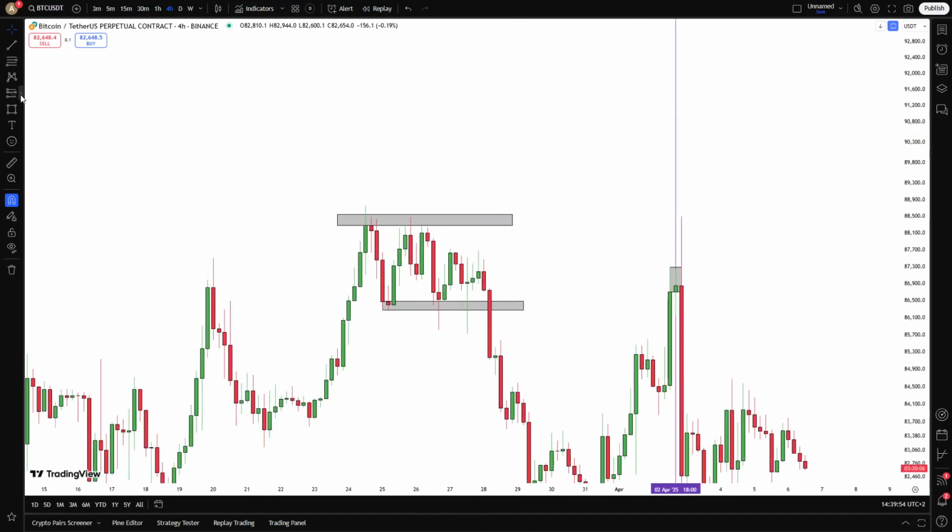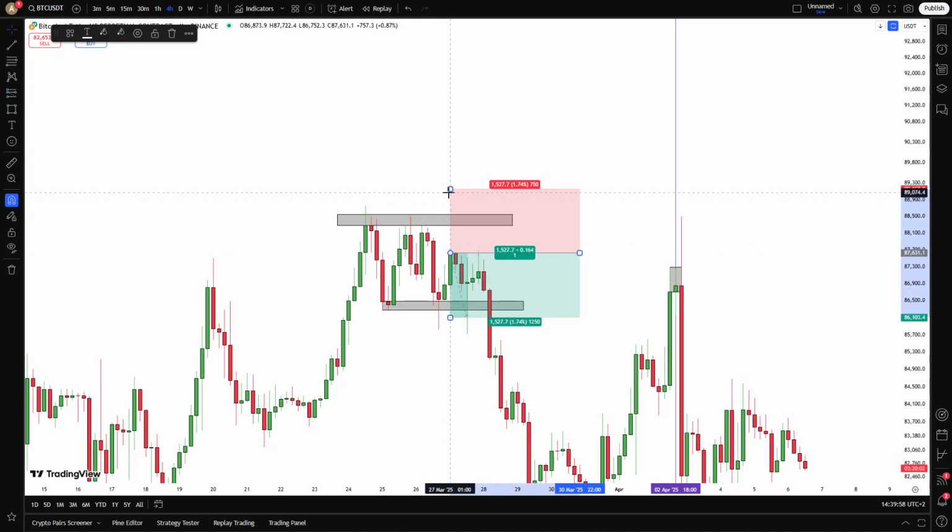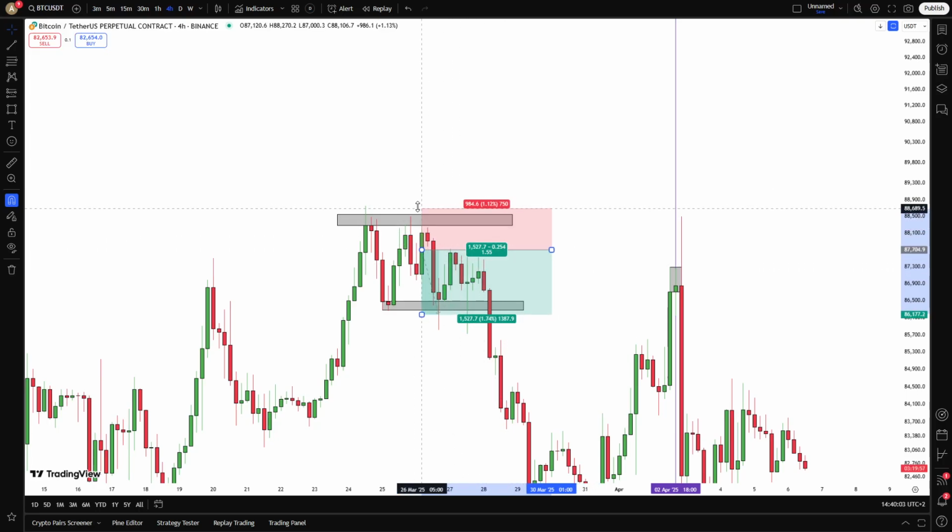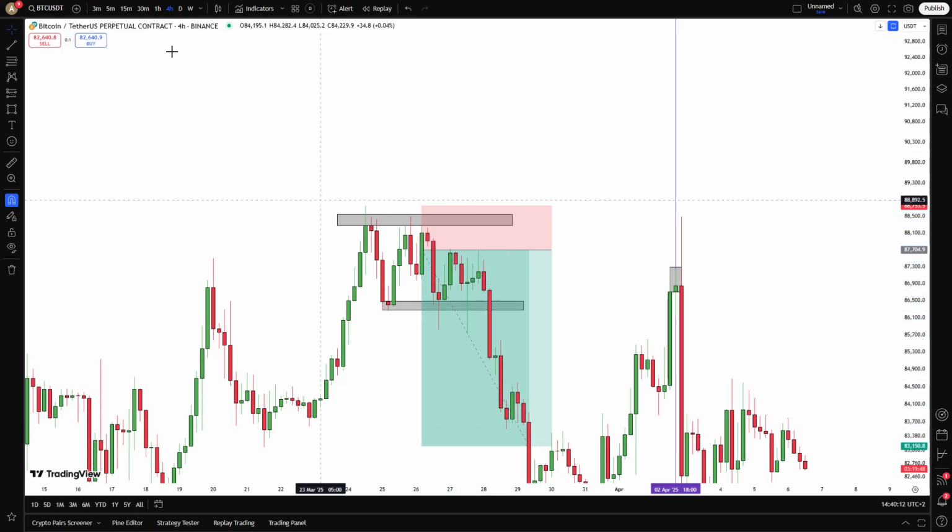But for a bear, if they went short, this, or this, was a clear invalidation. The target, of course, towards some liquidity on the other side.